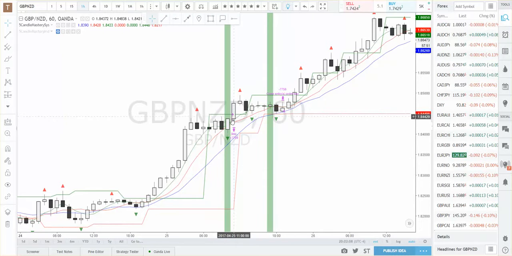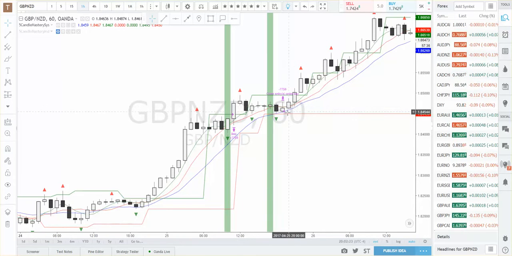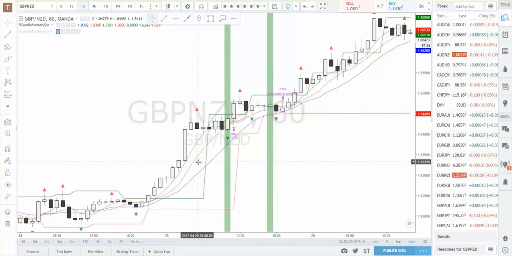But in order for it to trigger a buy, it needs to break above that fractal, and it did. It bought 7,759 units, and it closed here, and the close at the moment is based on the red moving average, so it will close as soon as price crosses below that red moving average.